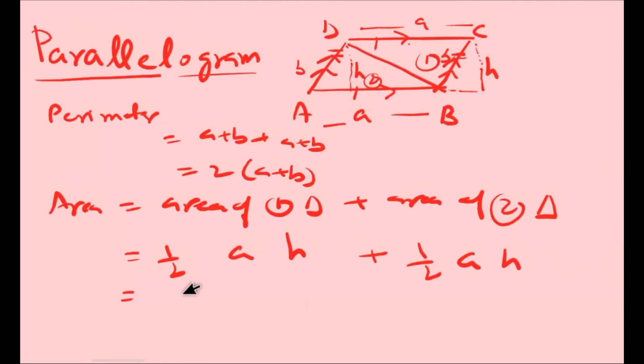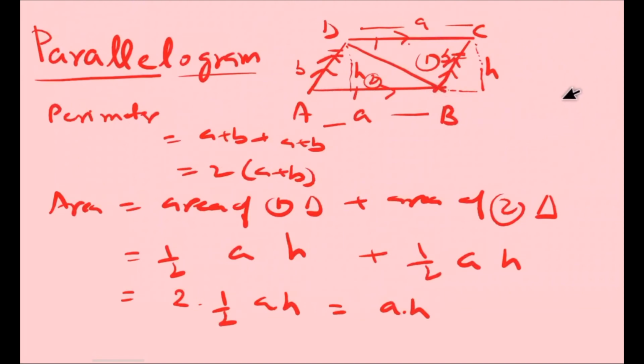Now this is total twice of half into A into H, equal to A into H. If we want to take this side, then for this height we have to follow the distance between the two parallel lines and this line.